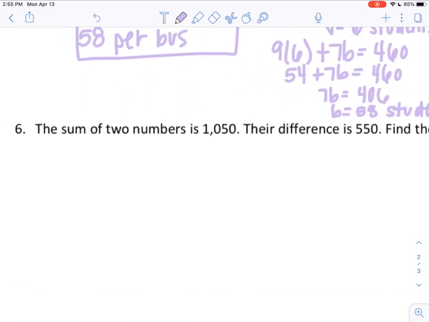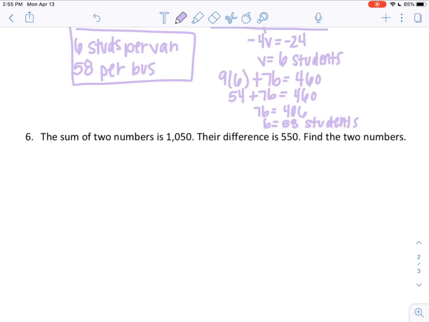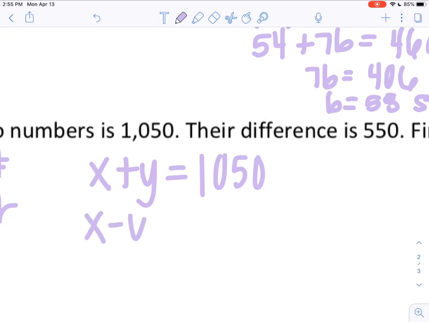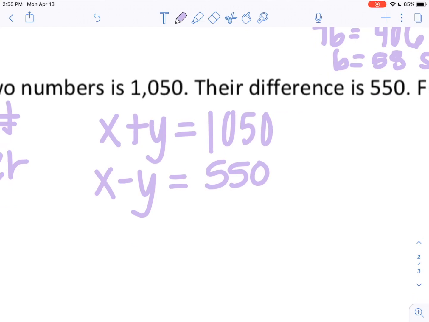Okay, last one, number 6. Easiest one, I think. They're giving me the sum and the difference of two numbers. X is one number, Y is the other. Their sum, so when we add them, they have to equal 1,050. Their difference, when I subtract them, is 550.